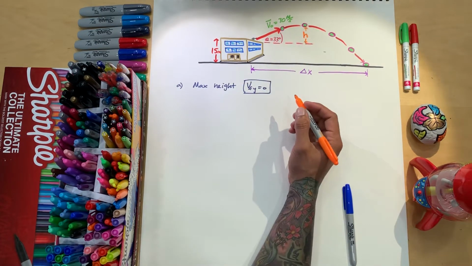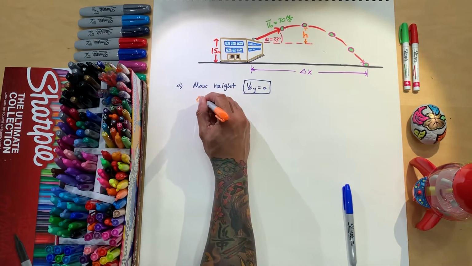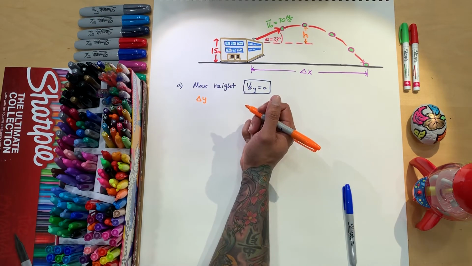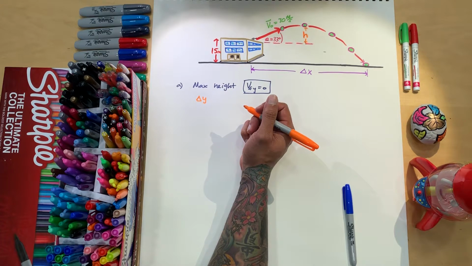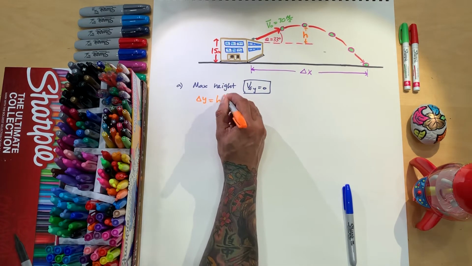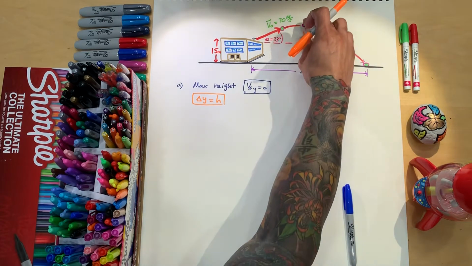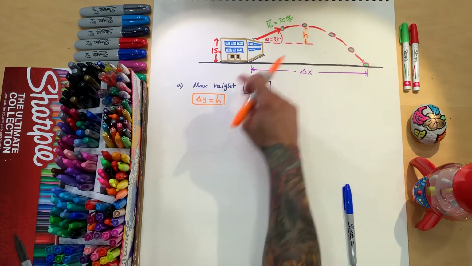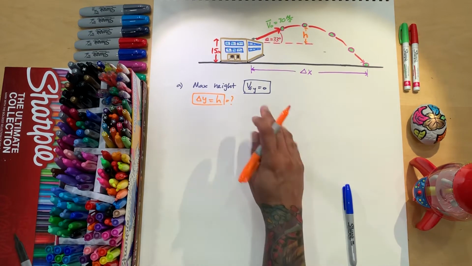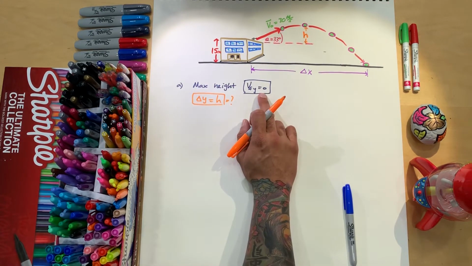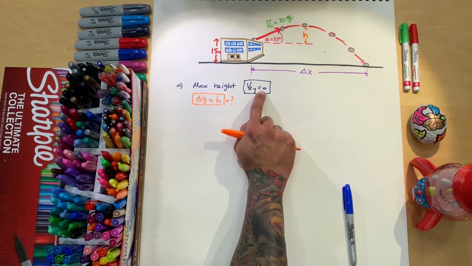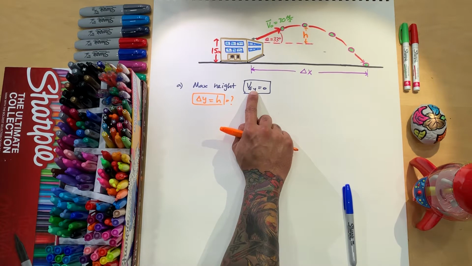Technically we want to know the change in y, which can also be written as the height. So these two things are the same; that's what we're looking for, this h, or you can write it as delta y. This is what we know when we're dealing with max height. And so knowing that, let's write an equation that has things like this in it.